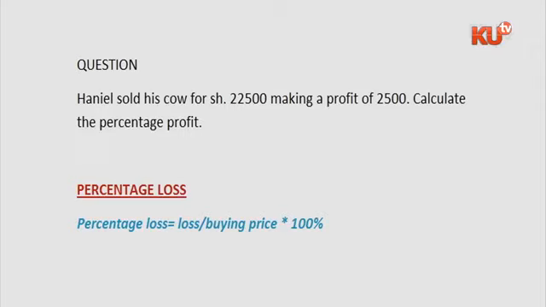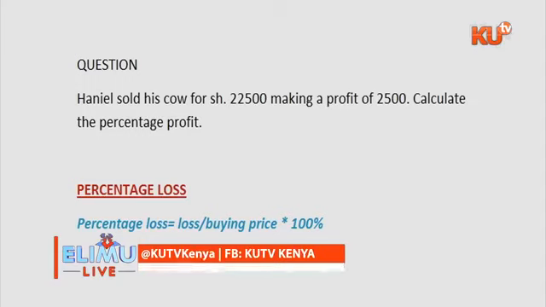Haniel sold his cow for 22,500 shillings, making a profit of 2,500. Calculate the percentage profit. So we can work it out on the board.